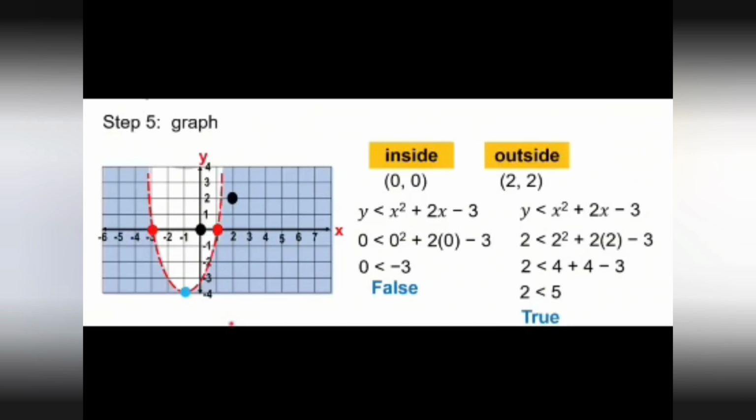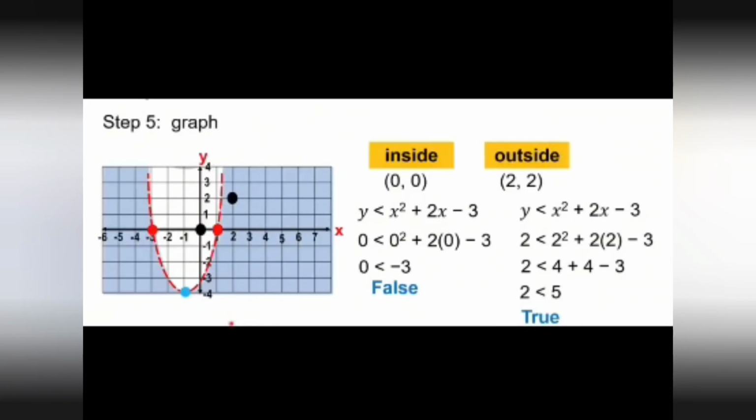And after that, substitute into the formula that we had earlier. The result is 0 less than 0 squared plus 2 times 0 minus 3. So the answer is 0 less than negative 3, which is false because 0 is not less than negative 3.